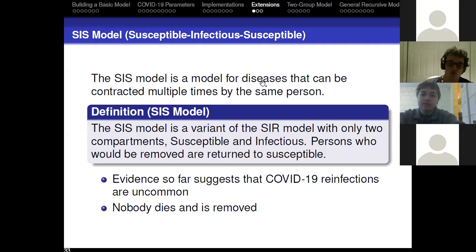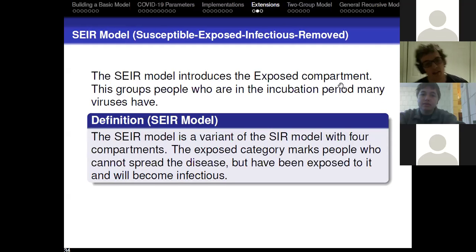This isn't super good for COVID-19 because reinfections, while they do exist, evidence suggests they're very uncommon. And this doesn't have the removed category, so it's harder to track how many people have died in your model, which is really the most important thing that we're looking for. So we decided not to use SIS.